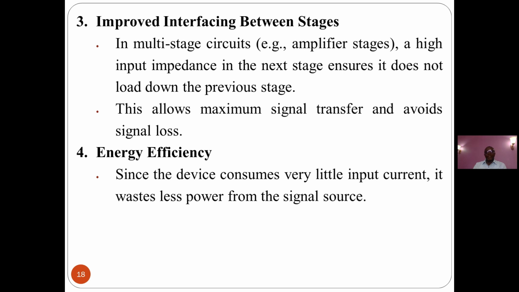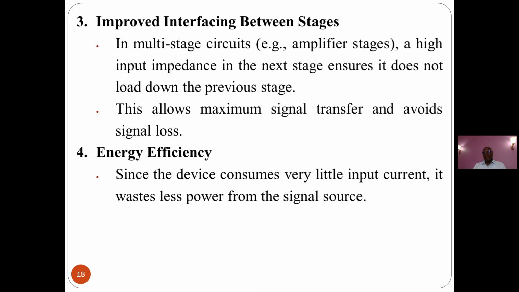The third one is that you improve the interfacing between stages. For example, in a multi-staged circuit, let's say in radio circuits where you have the RF amplifier, the IF amplifier, the mixer amplifier, there are different stages. If you have high impedance input in all these stages, then each next stage does not load down the previous stage.